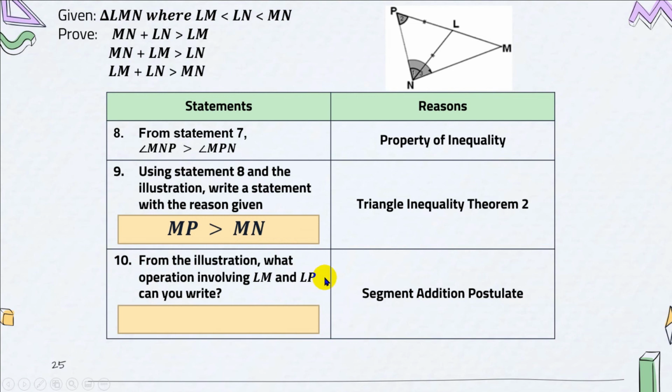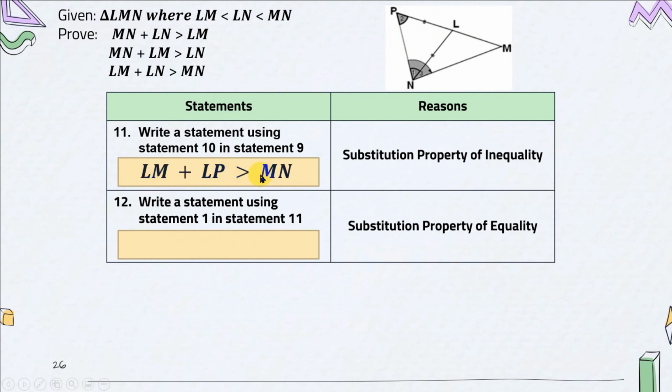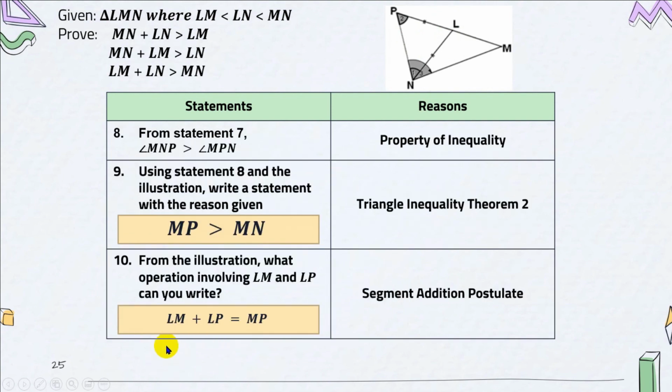And from the illustration, what operation involves LM and LP? Addition. LM plus LP is equal to MP. Now we can replace this MP with LM plus LP, so LM plus LP is greater than MN by the substitution property. We substituted it for MP.